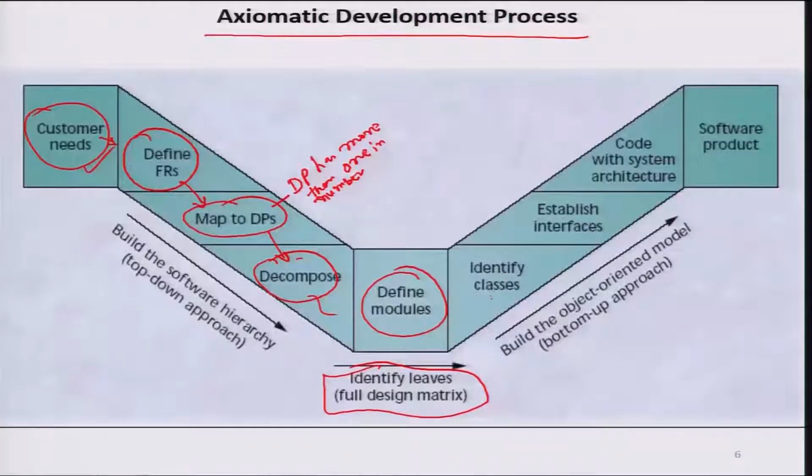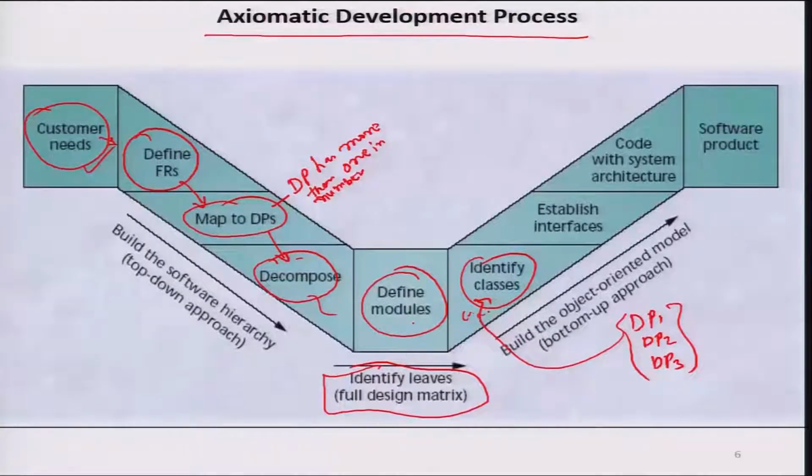After that, divide it into classes: class 1, class 2, class 3, so that parameters can be ranked. So DP1, DP2, DP3; in such a way you will have to make a classification of design parameters. After that, you will have to make an interface between your parameters, functional requirements, and the process variables that will be required to achieve your customer's need.